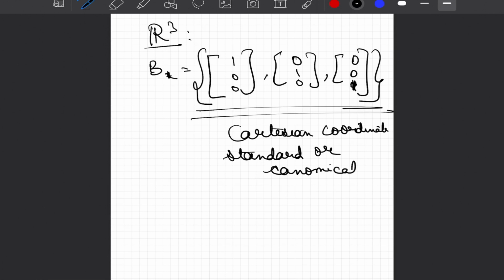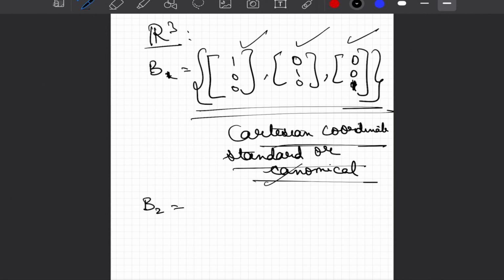So unless specified, we are always trained to think in these Cartesian coordinates, but we never thought that all the vectors are represented with respect to this particular basis, and hence we call this either the standard, canonical or Cartesian coordinate system, if we go by our high school understanding.